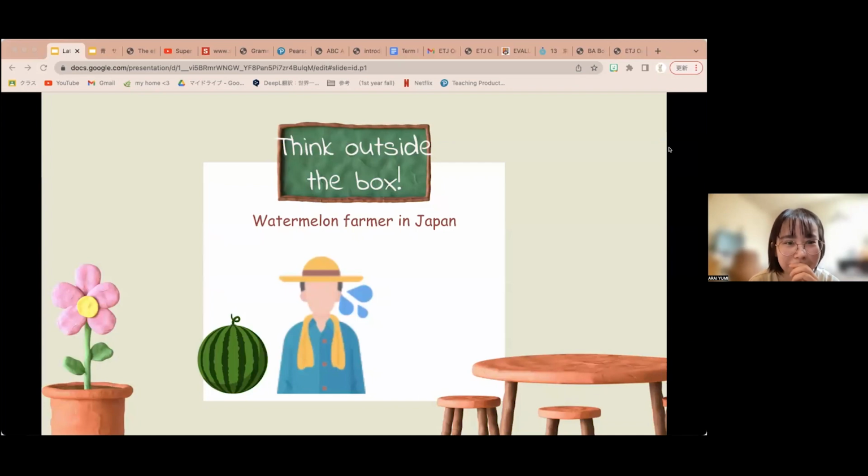So let's see an example quickly. The case of the Japanese watermelon farmer. I think this is a kind of famous story, but they had struggled with transporting those round-shaped crops. So how do you solve this issue?